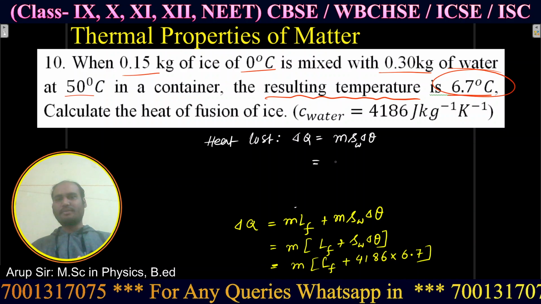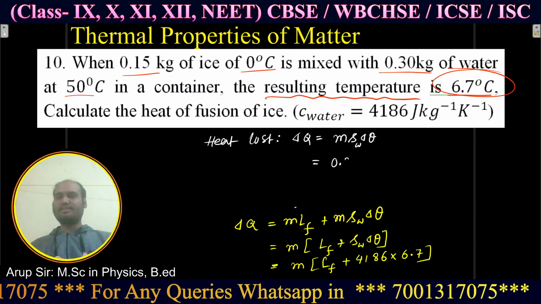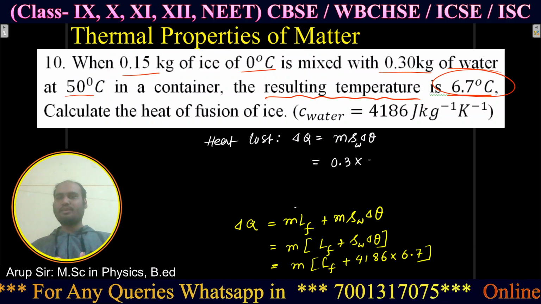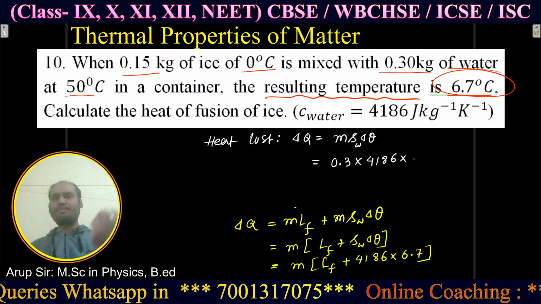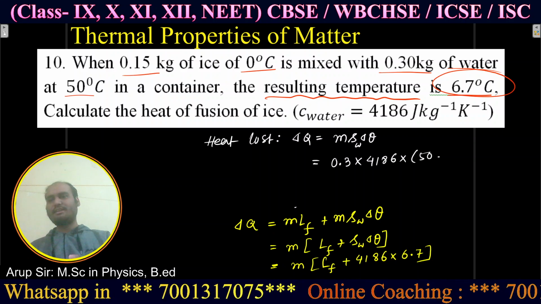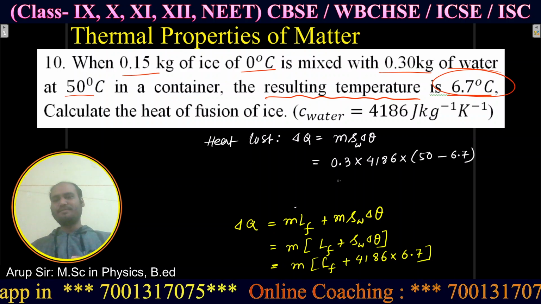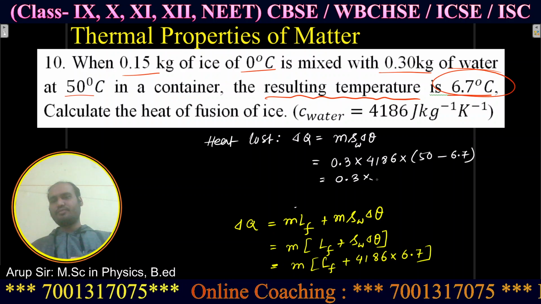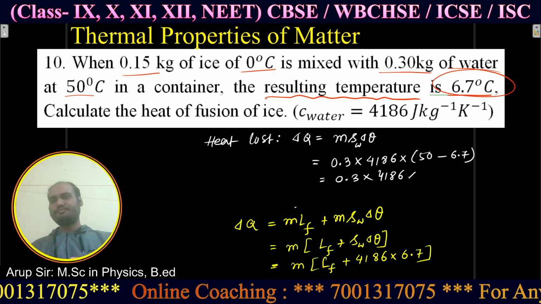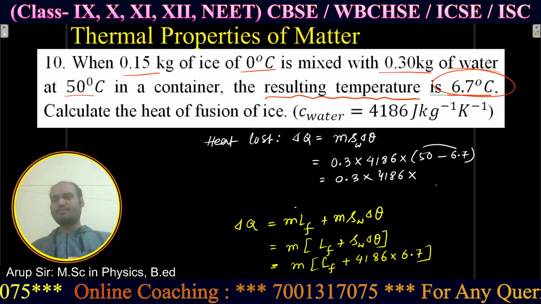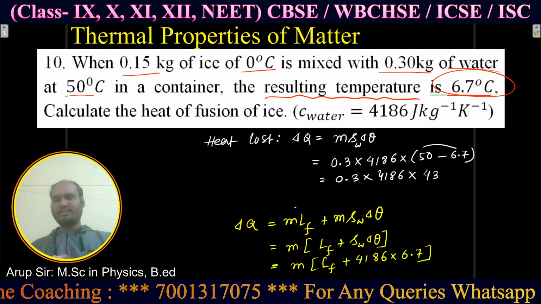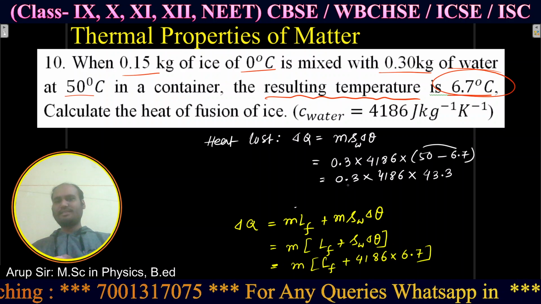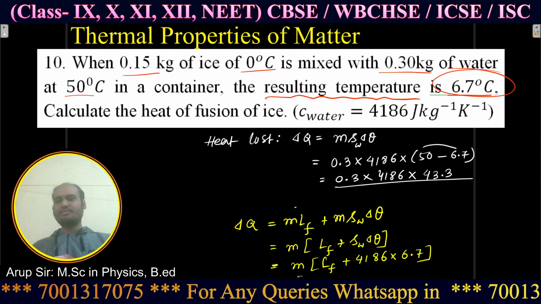The mass of the water is 0.3, the specific heat of water is 4186, into delta theta, meaning the change in temperature. So from 50 degree it is coming to 6.7, right? So 0.3 into 4186 into 50 minus 6.7, which is 43.3, right? This one. So basically this heat loss will be equal to this one.